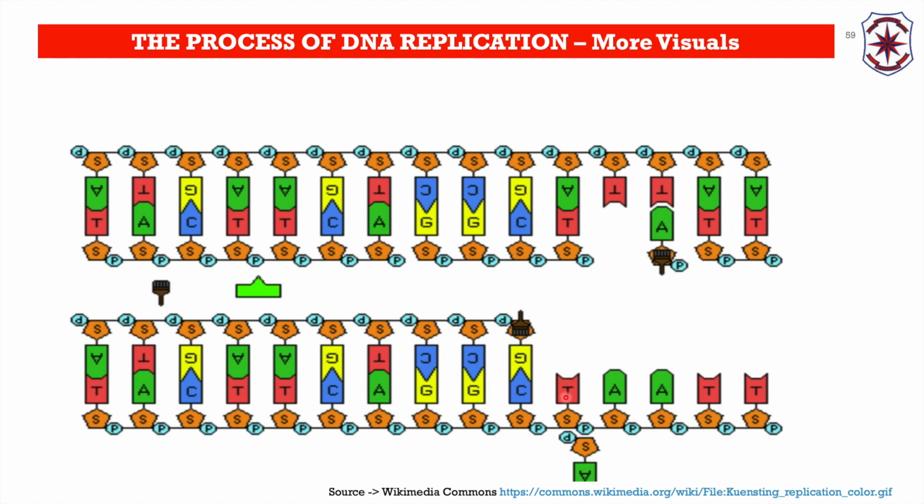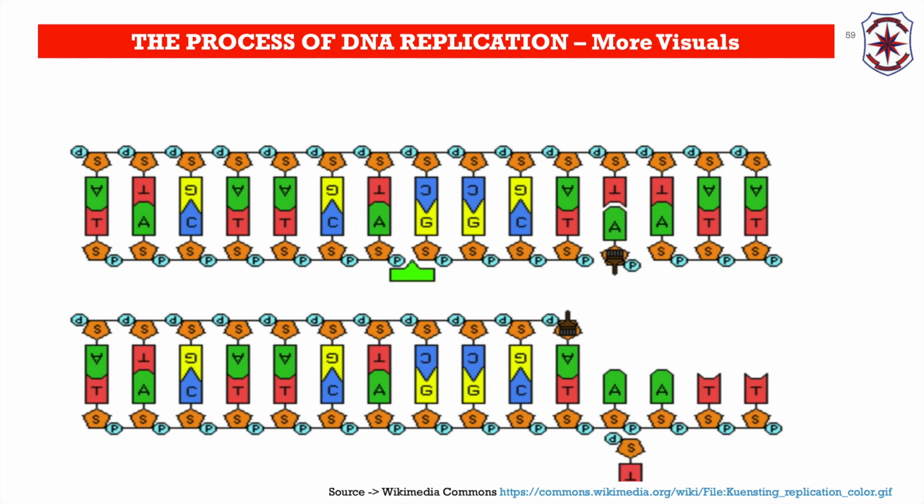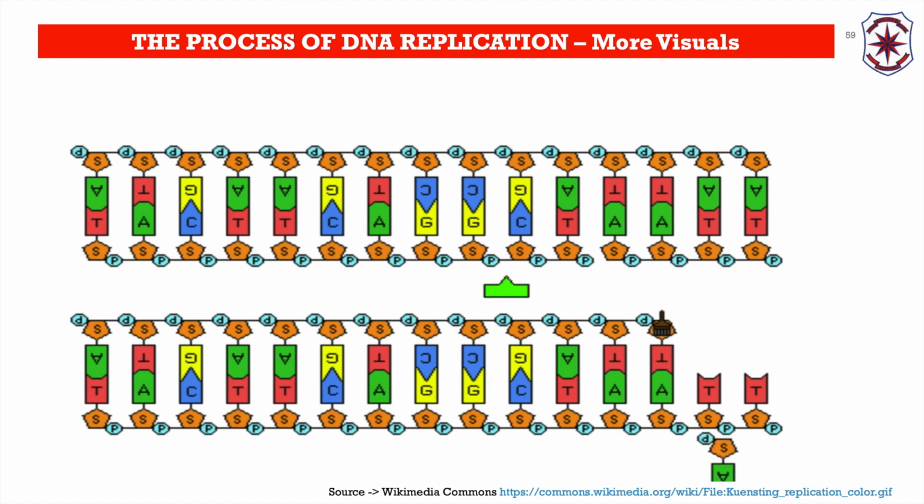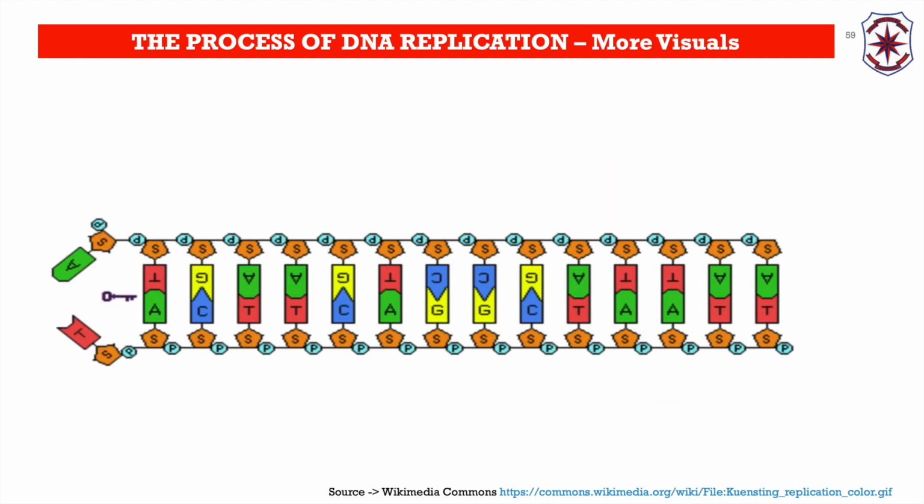So there it must be a nucleotide that has a nitrogenous base A, there T, there T, there A, and there A as well. Was I right? Absolutely, I was.